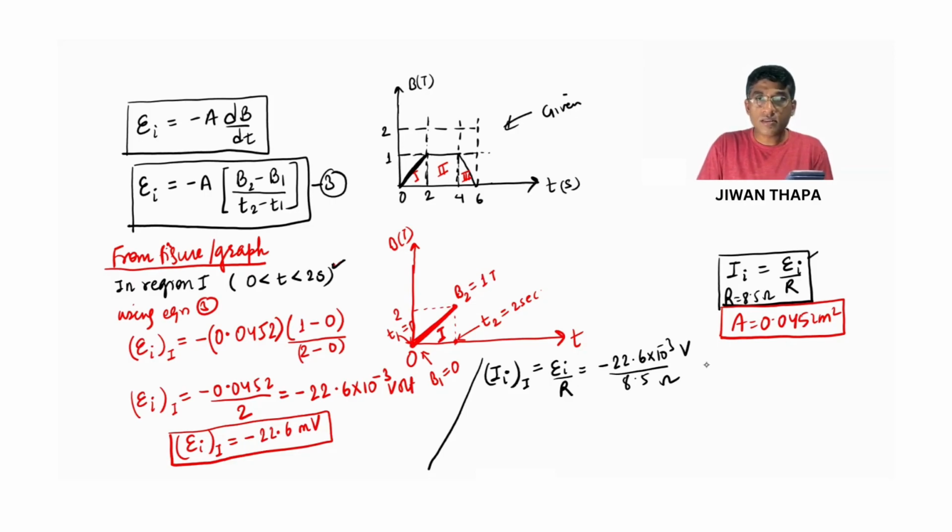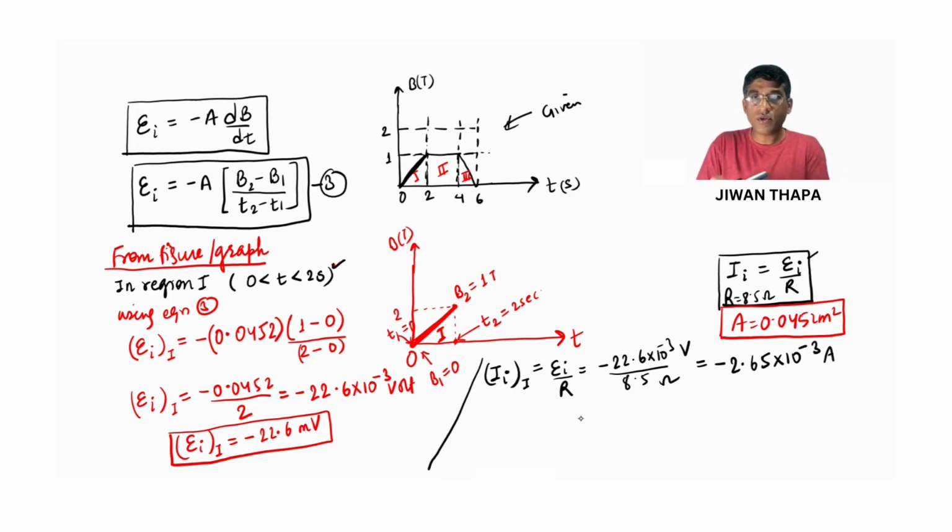So this gives us minus 2.65 into 10 to the power minus 3 ampere.